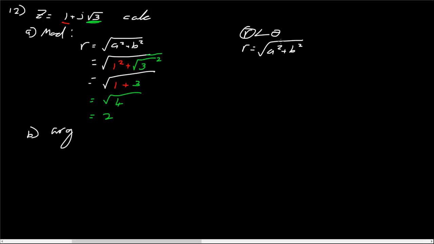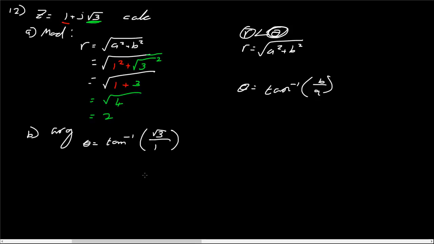argument. The argument is theta. Theta is equal to tan inverse b over a. So we're going to write there theta is equal to tan inverse b over a, which is root 3 over 1. And let's apply the CAST rule, because we didn't do it last time. Right.